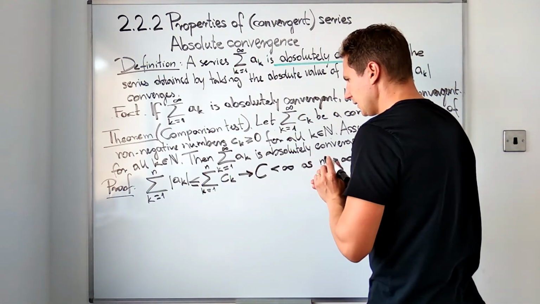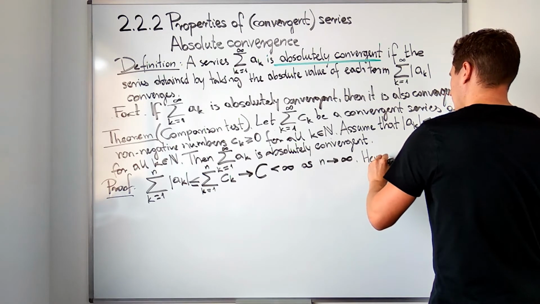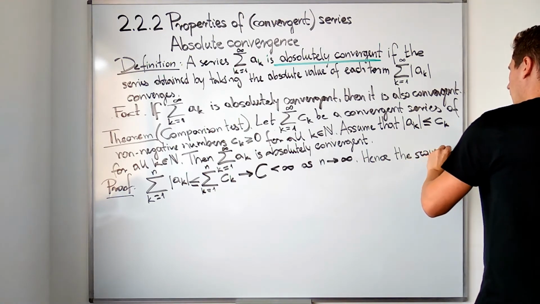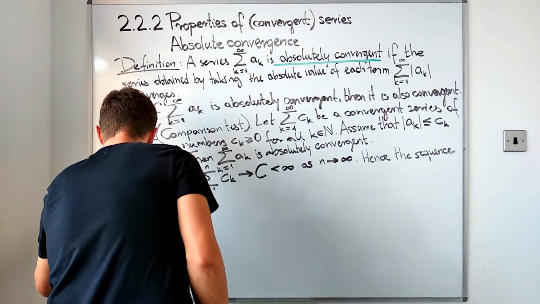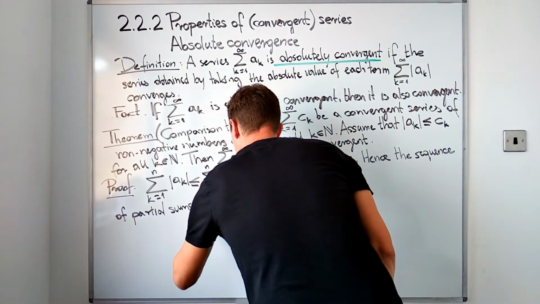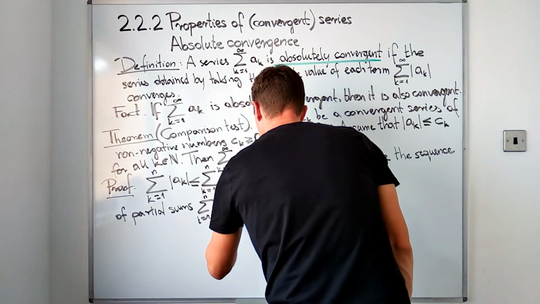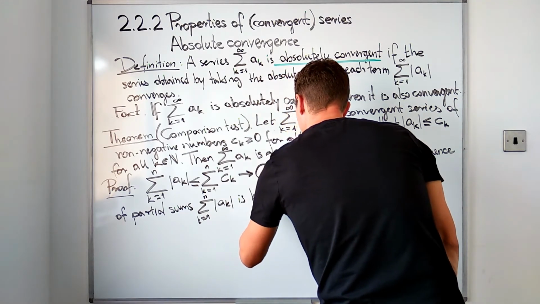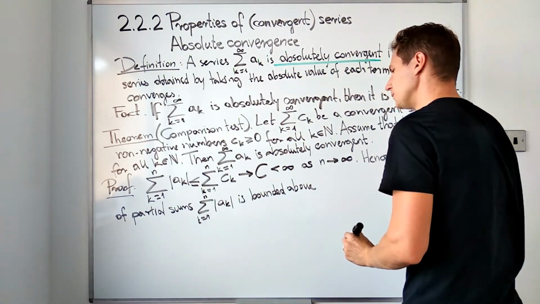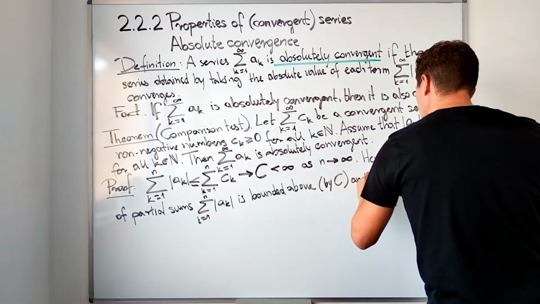So what we can definitely say is that the sequence of partial sums, which are the sum of the absolute value of ak with k going from 1 to n, is bounded above by this number, the sum of our comparison series, capital C, and it is also increasing.